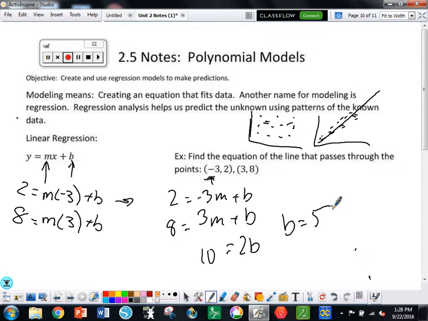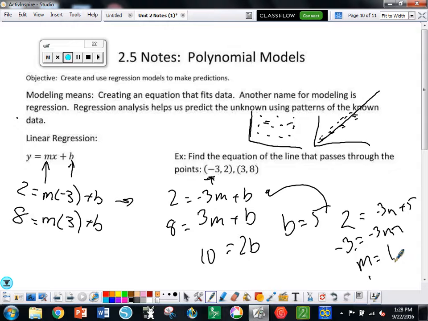So now I could plug it back into this equation. 2 equals -3m plus 5. And then I basically solve, so that's -3 equals -3m. What did I do there? I subtracted the 5, so m is 1.